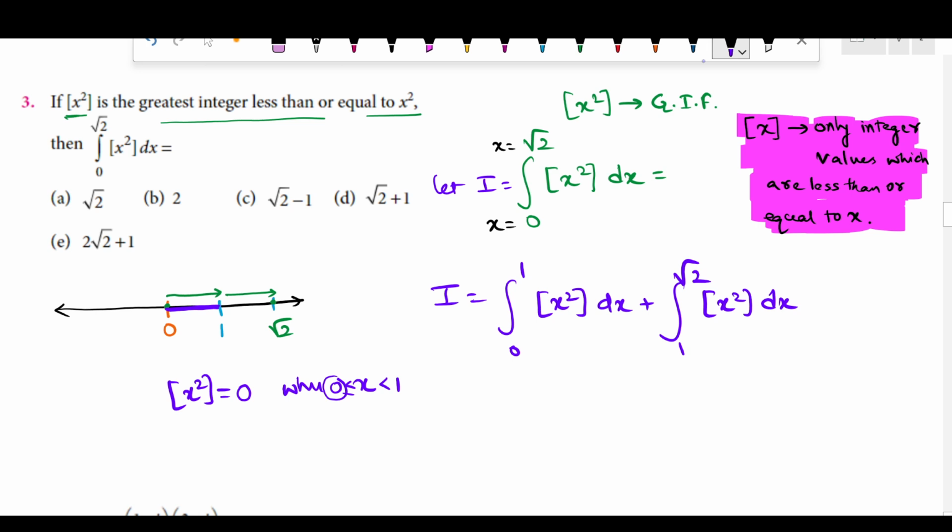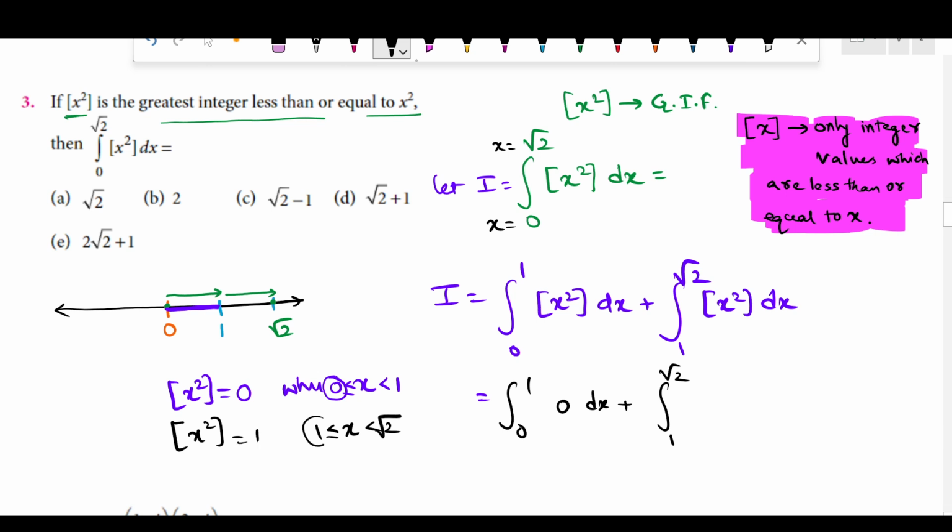It takes the lower limit. So put 0 in place of this, and in case of 1 to root 2, where x is from this, it takes the value 1. So put 1 over here.